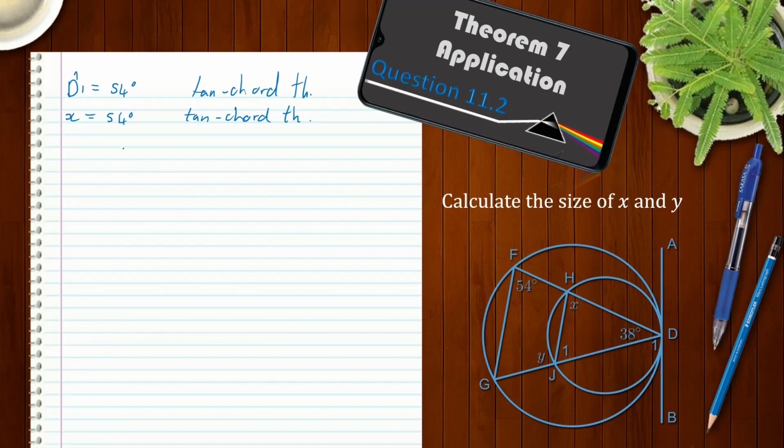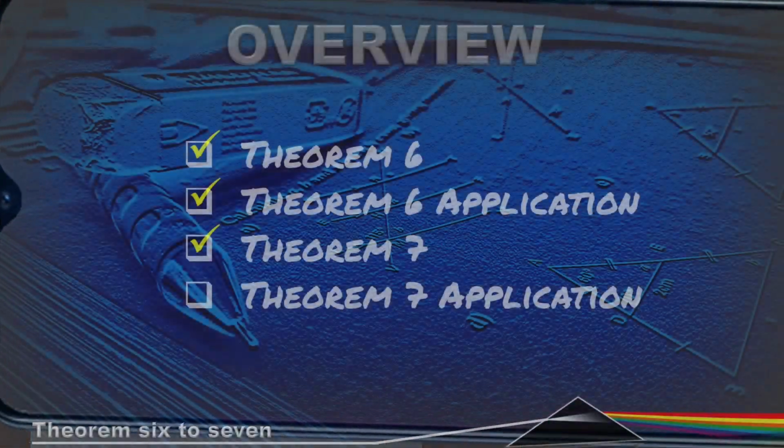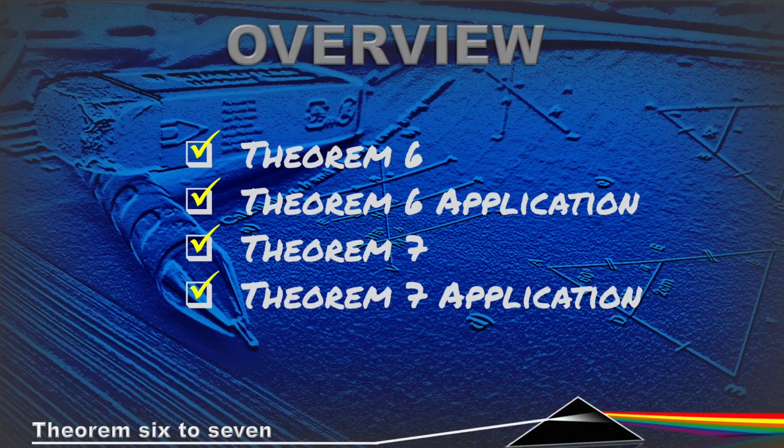Okay, so we've got y equal to 54 degrees plus 38 degrees, and that is because of exterior angle of a triangle, and y is then equal to 92 degrees. Alright, so we are done.